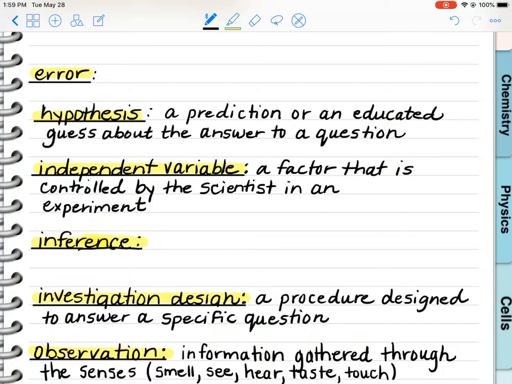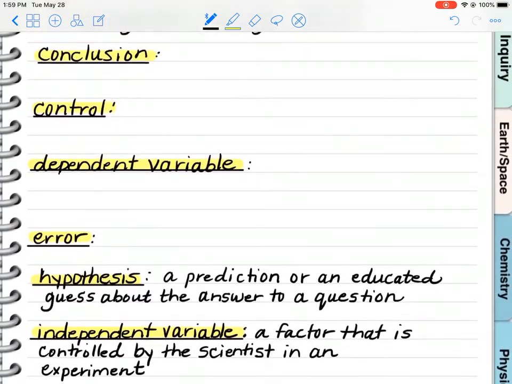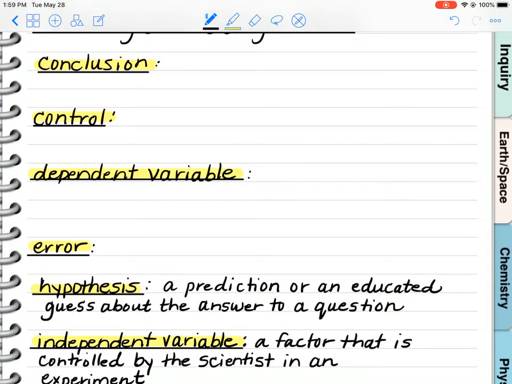So what's the thing that I, as the scientist, cannot control? What is the thing that depends on the type of soda you drink? That's called a dependent variable. And this is a factor that changes.